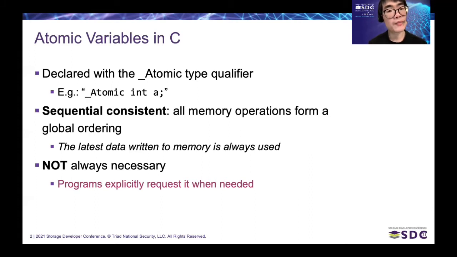So in order to ensure having a global ordering, atomic variables tend to be more expensive to use than non-atomic variables. But fortunately, not all variables of a program need to be atomic. And in the C programming language, variables are not atomic by default. Applications explicitly request it when needed.